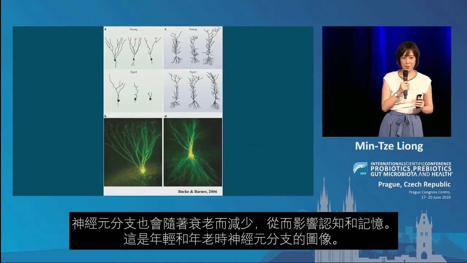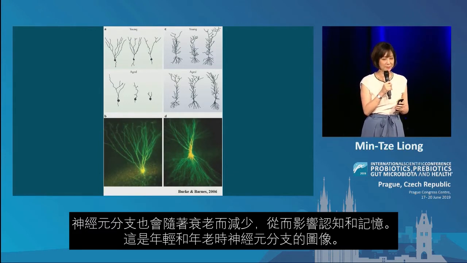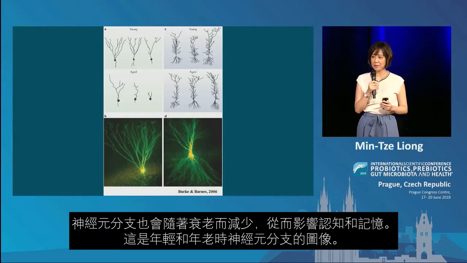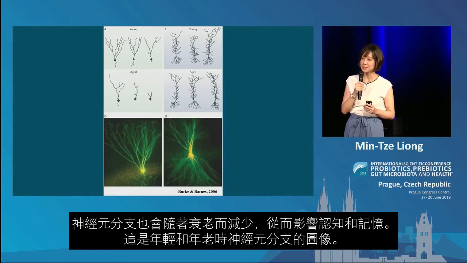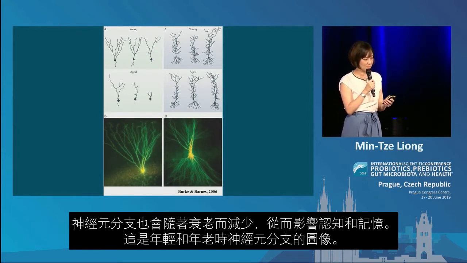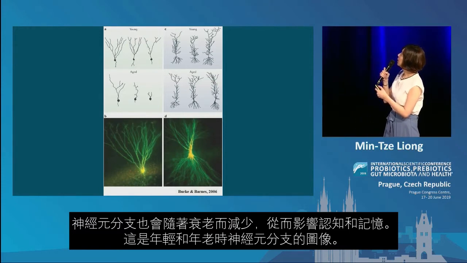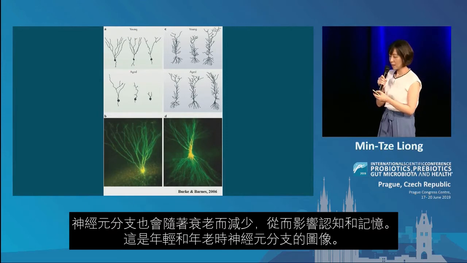And as we know, as we are aging, we're also losing on neuronal branching. And that actually affects a lot of brain parameters, such as cognition and memory. So we wanted to evaluate that as well. This is a nice image of aging and young, as we can see, how abundance of neuronal branching.